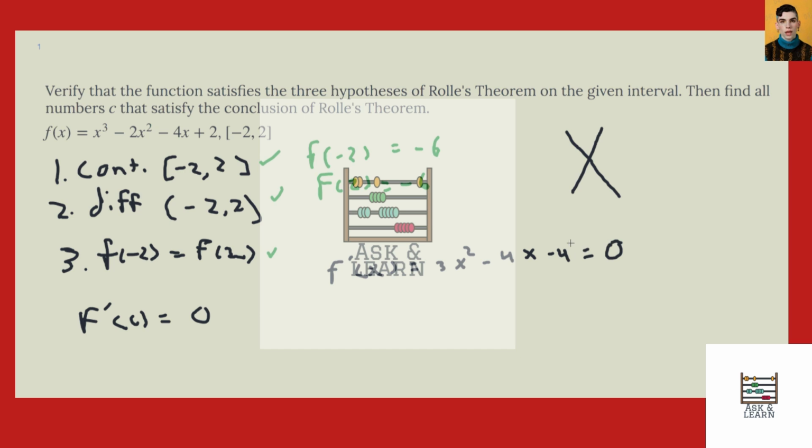So 3 times -4 gives us -12. And then we take the middle number, which is -4. And then we find two numbers that multiply to give us -12, but add to give us -4. And in this case, it is -6 and +2.